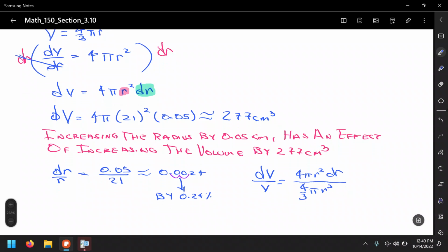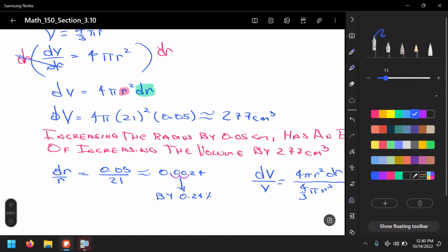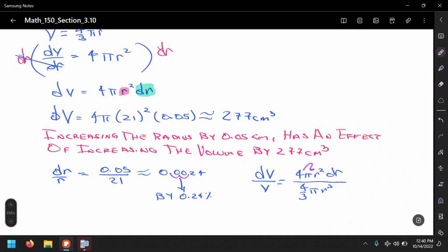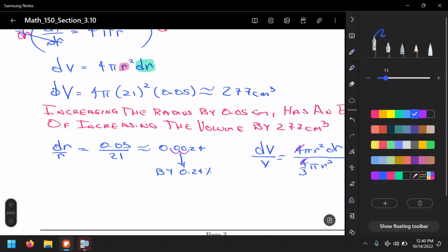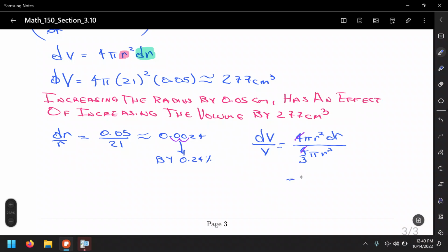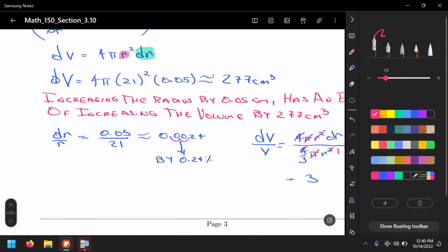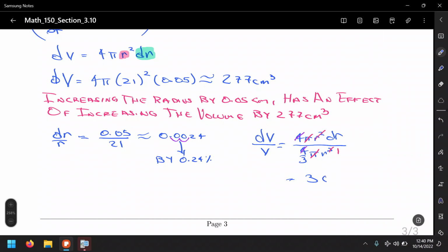All right, so let's do some simplifications here. I'm going to cancel out these 4's, and this division by a third is going to be a multiplication by 3. We can also divide out the pi's, and we can divide out 2 powers of r with 2 out of the 3, to remain with only 1. So that's going to leave us with the following: 3 dr over r.